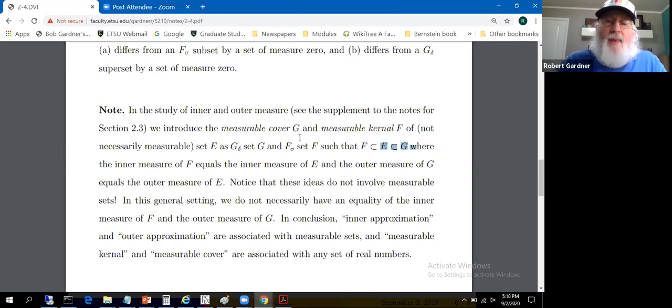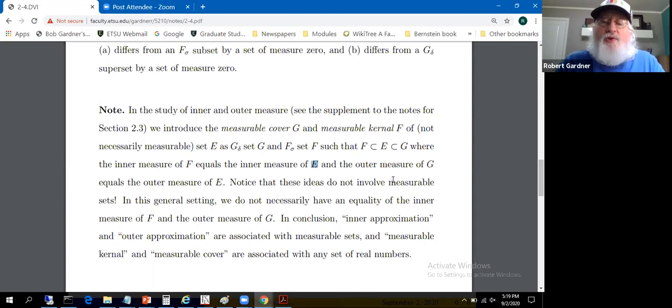So when we did that measurable cover, measurable kernel stuff back when, we weren't necessarily dealing with a measurable set E. And things didn't fit together as tightly because we didn't have a measurable set. You got a nice measurable set, you're good to go. You can get these F sigma and G delta sets really to have the same measure.